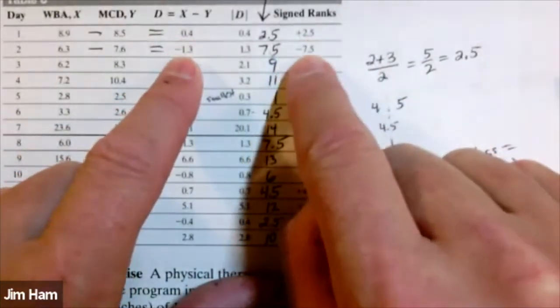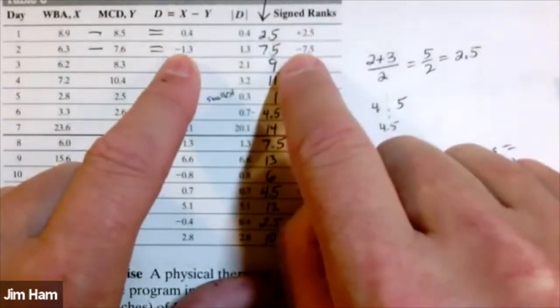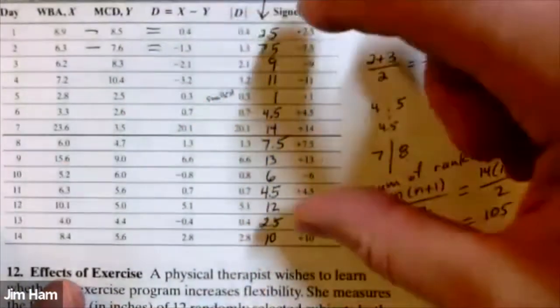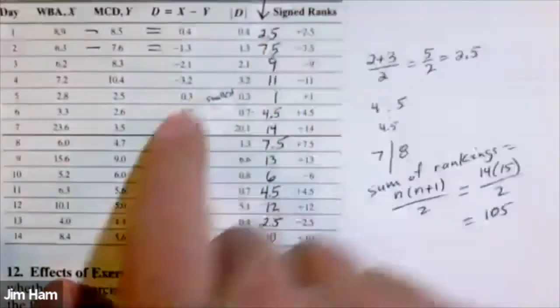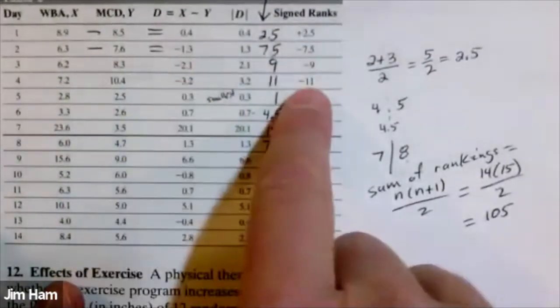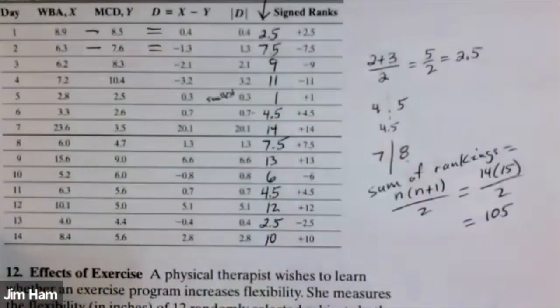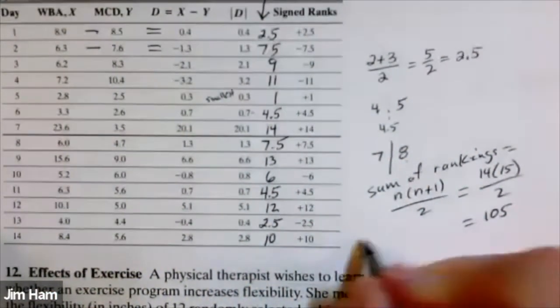And every time you see a negative difference, you're going to get a negative signed rank. So just bring over the ranks and then look at the sign of the D. Wherever you see a negative, attach a negative here. Negative, negative, negative, negative. Everything else would be positive.